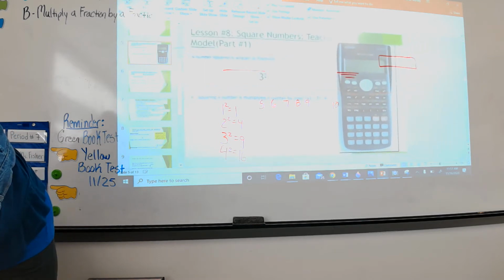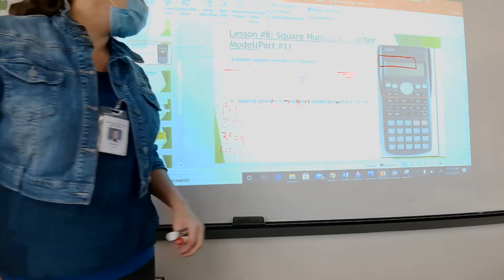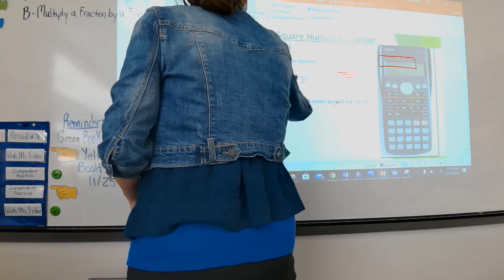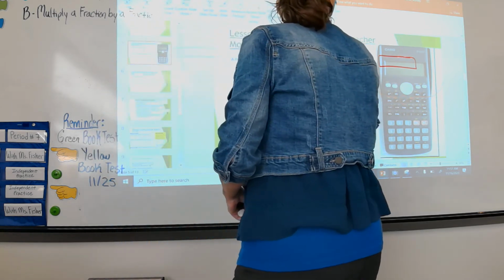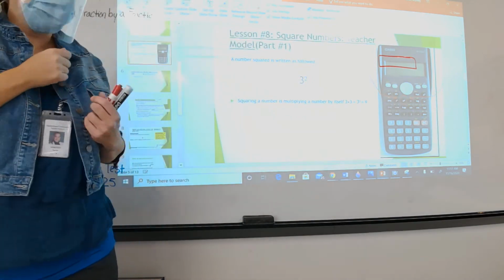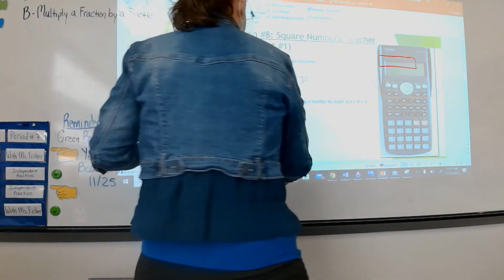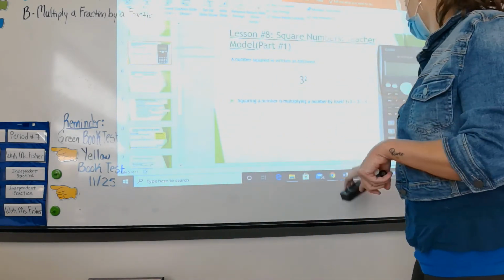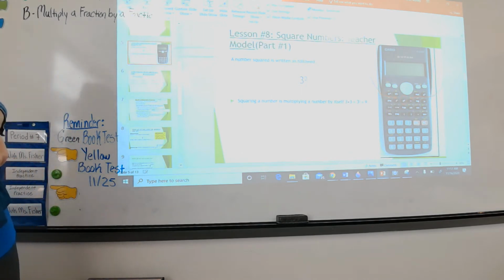All right, so it's time to take out our nifty, grifty calculators. If you have your own calculator, that's fine. I can come over and take a look if you can't find the different features. There are many different ways square can be represented on a calculator. Square is the little 2, right?